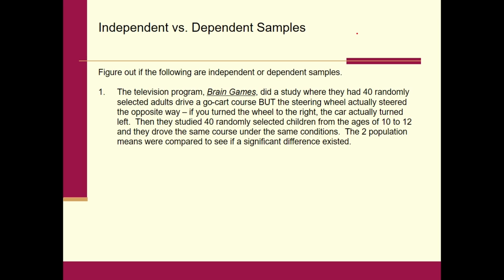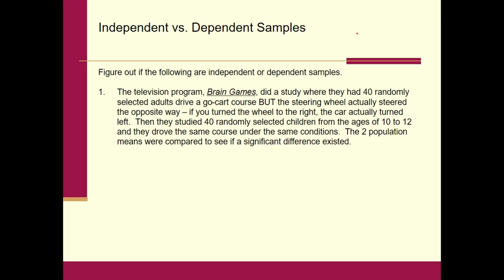The television program Brain Games did a study where they had 40 randomly selected adults drive a go-kart course, but the steering wheel actually steered the opposite way. If you turn the wheel to the right, the car actually turned left, and vice versa.